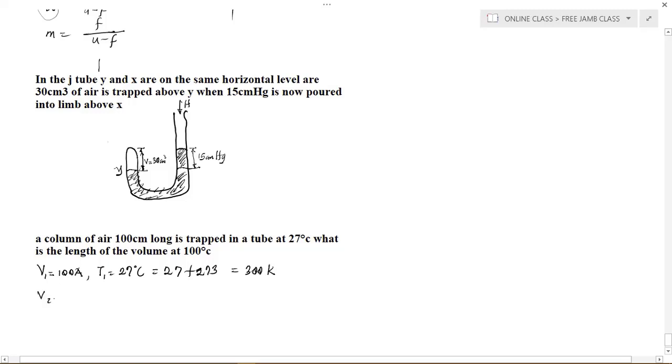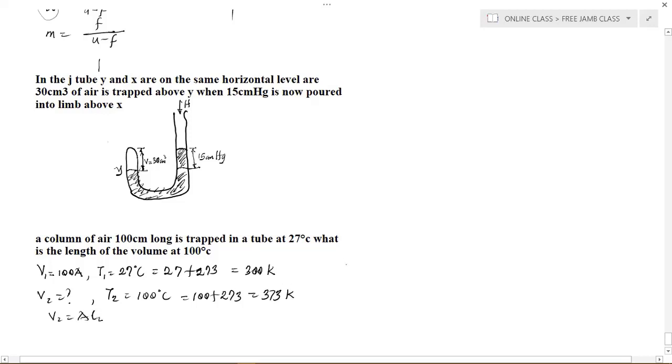V2 is unknown, that length. T2 is equal to 100 plus 273, and that's 373 Kelvin. So V2 will give you the L that you are looking for.